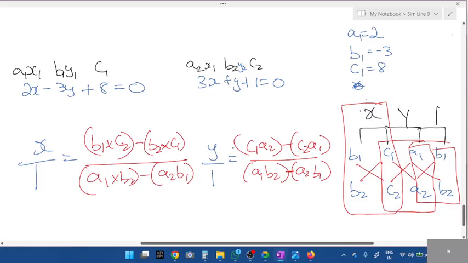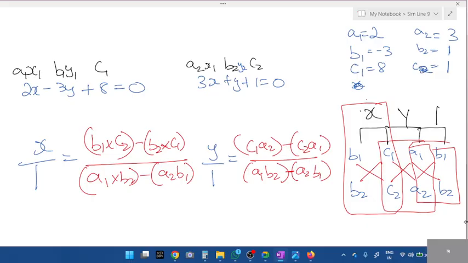X1, Y1 is not required in the formula, students. Tell me A2, B2. What is A2? 3. What is B2? If no value is given, it is 1. And C2? C2 is also 1. Substitution completed.